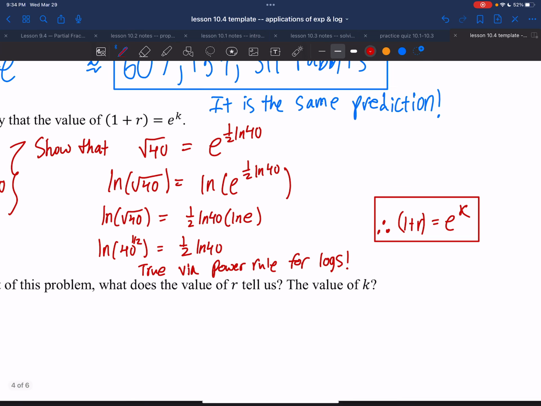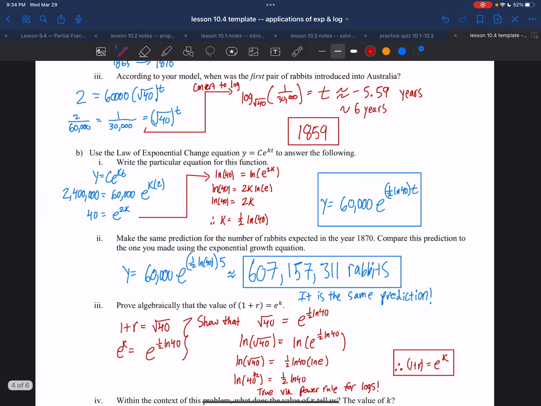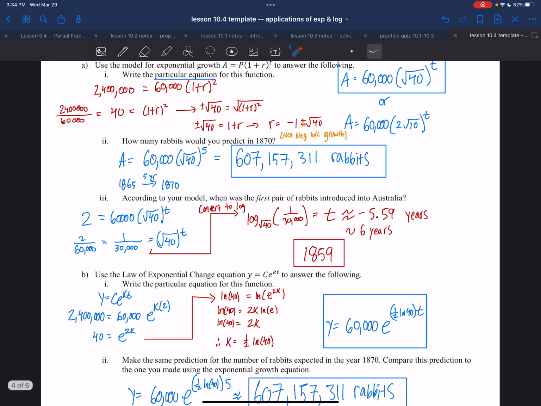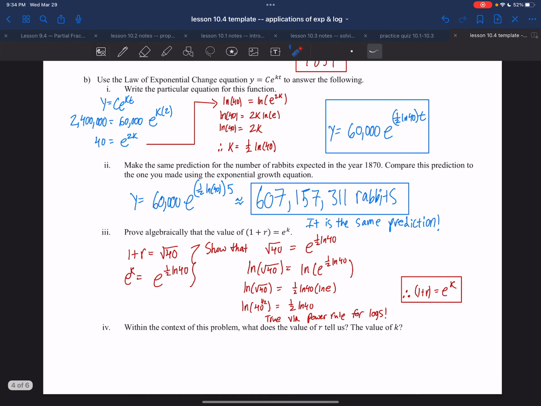And if you're not sure why we did this, I want you to call your attention: A and y both mean final amount. 60,000, both mean initial amount. The power being t and t, both are the same. So what's the base? The base here is square root 40. The base here is e to this power, and then to the power of t. And so therefore they are equal.